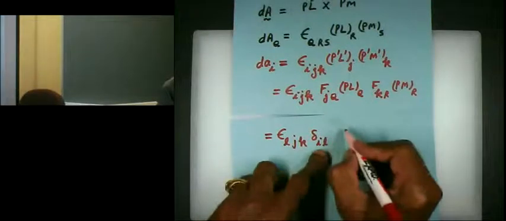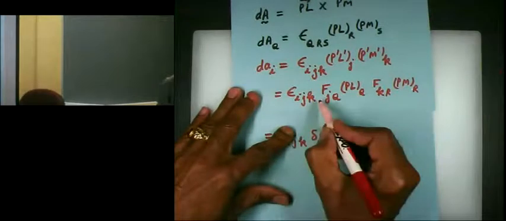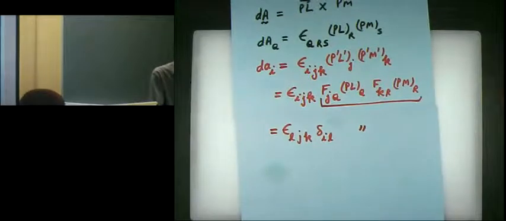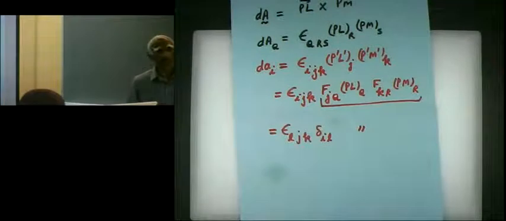The rest, everything is copied. So I'm going to save time and not copy it. Whatever I underlined, just copy that. This is identity matrix, like our unit matrix. I'm going to write it as F inverse F.